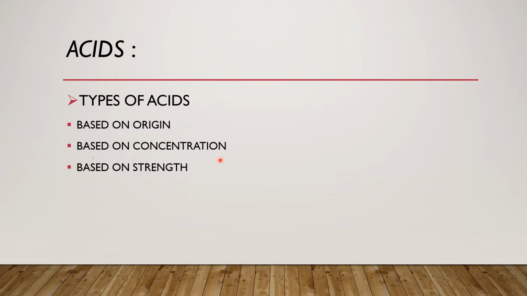Concentrated acids are those acids which are either pure or which have a high content of acid and low content of water in their aqueous solution. On the other hand, dilute acids have a low content of acid and a high content of water in their aqueous solution.